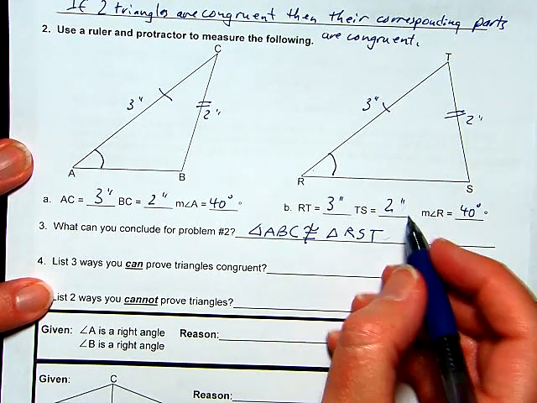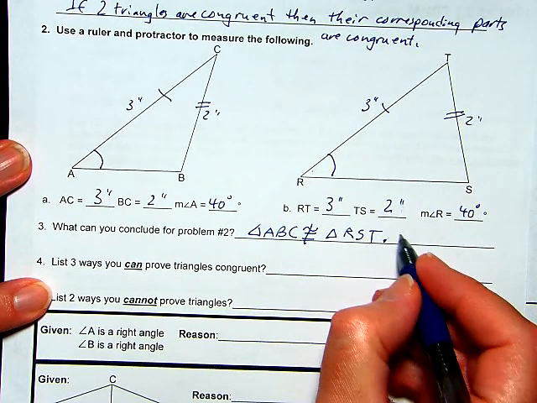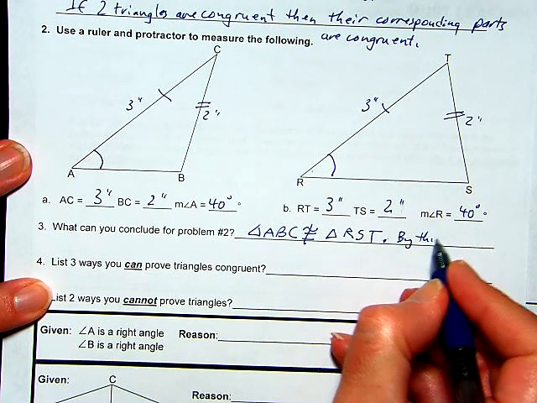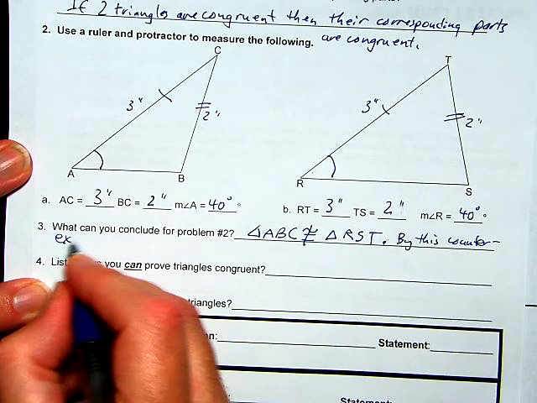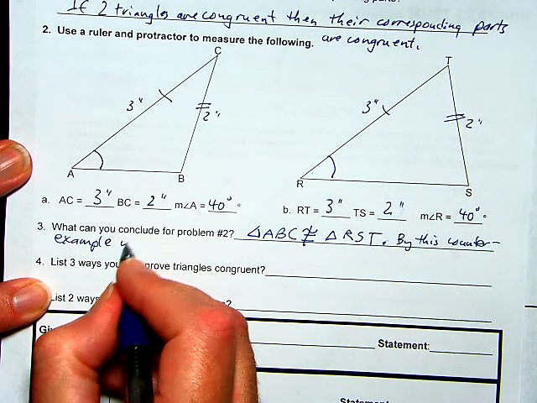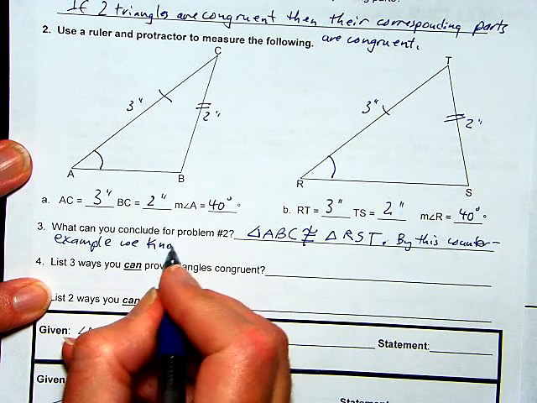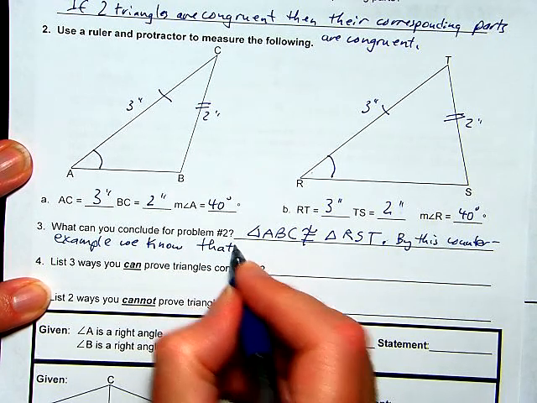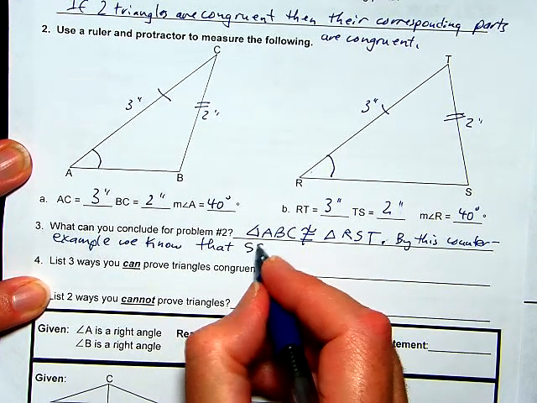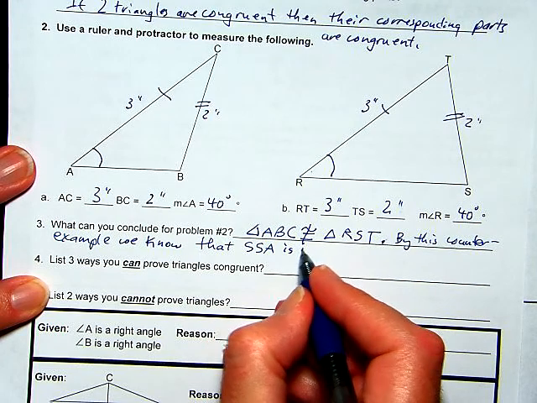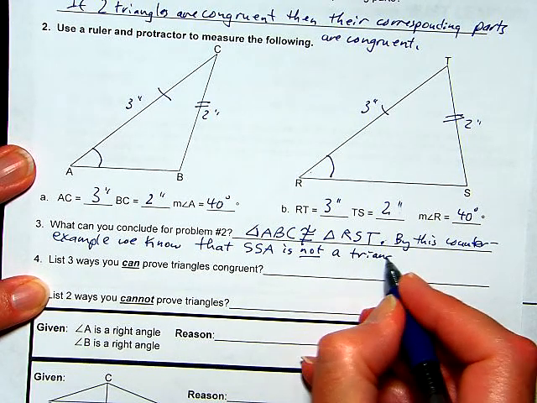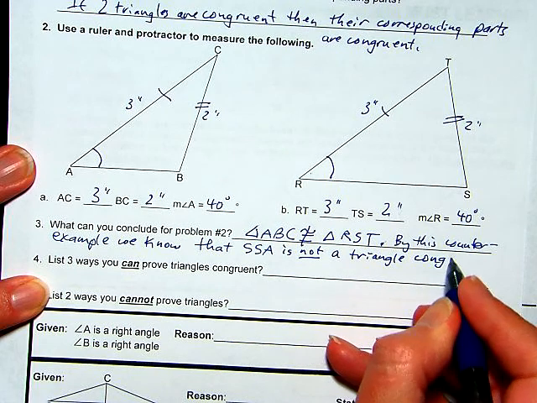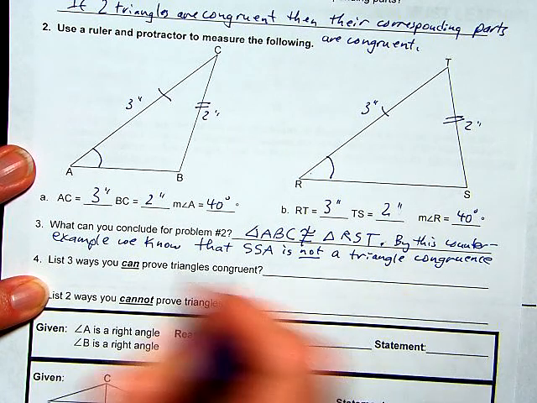So we can also conclude from this, because we have here a counterexample, by this counterexample, we know that side-side angle is not a triangle congruence criterion.